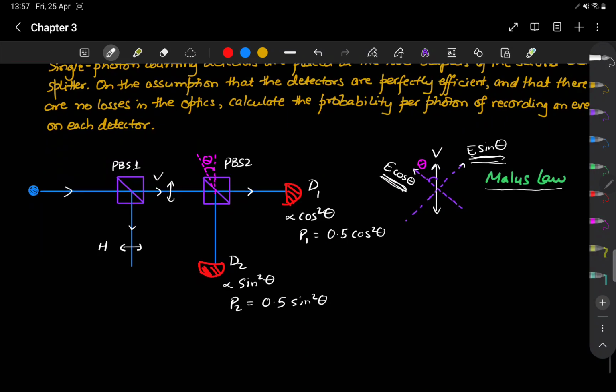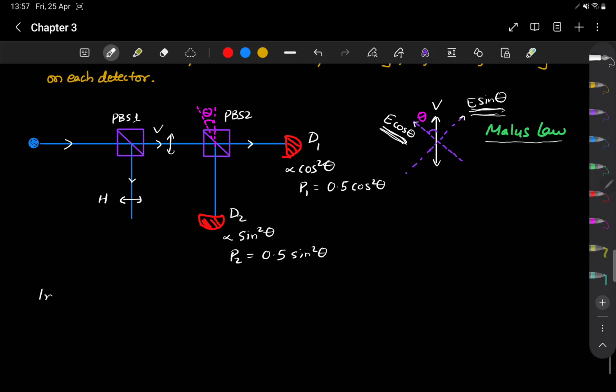So let me write, if input photons, and remember this is my input to the PBS2, input photons which are vertically polarized, and this source over here is unpolarized.